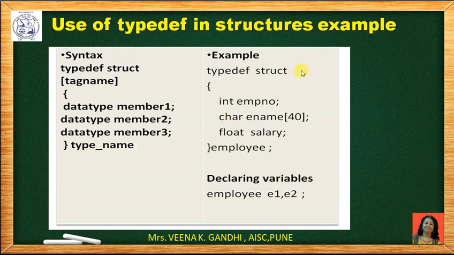Here I have avoided the tag name. Inside the curly braces, you can define the members: int employee number, employee name, salary. And after the closing braces, you can define the new name, the alias for it. I have given employee as the new name. So you can create variables by using this employee type. The employee variable names are E1 and E2.